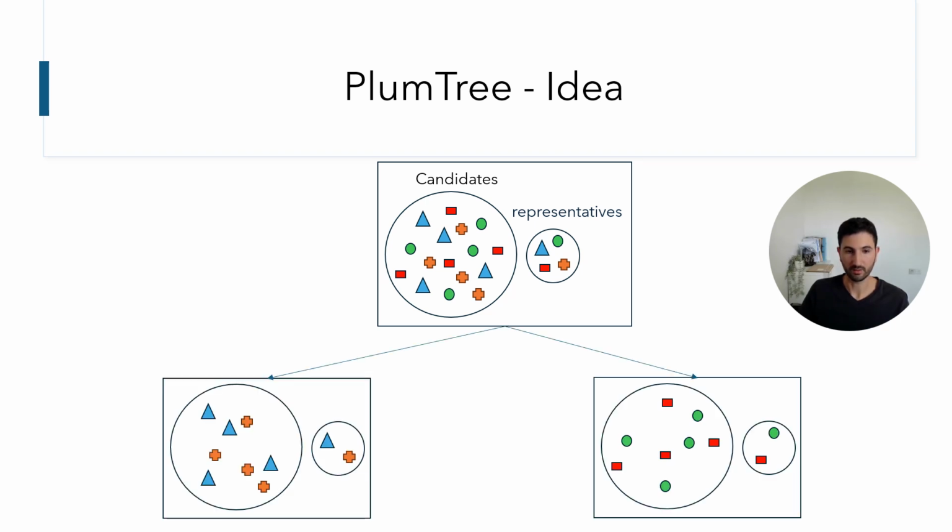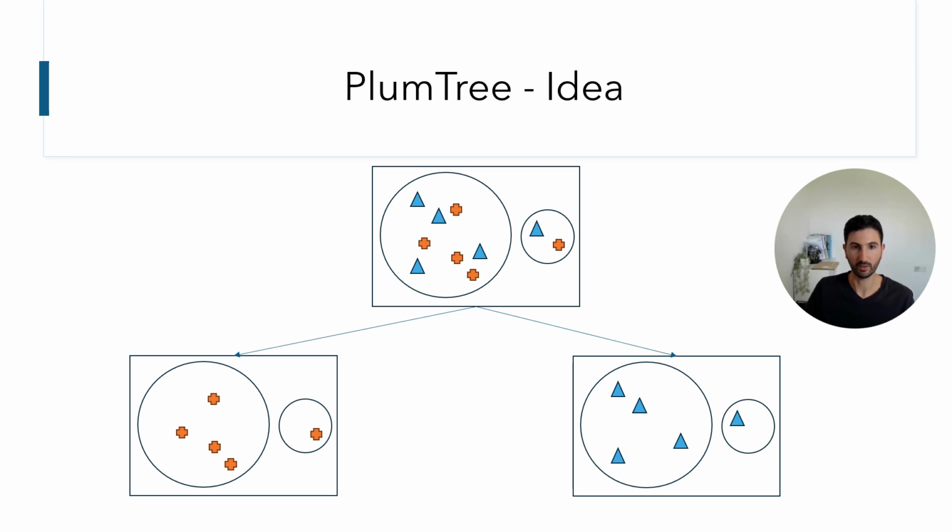Each node of the tree, the left one and the right one, has its own candidates and representatives group, such that the 2 groups match each other. Next, we continue to divide each node until we reach a leaf. A leaf in the tree represents an eviction set.